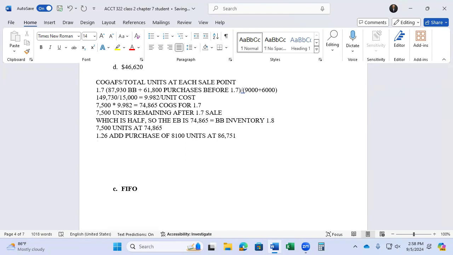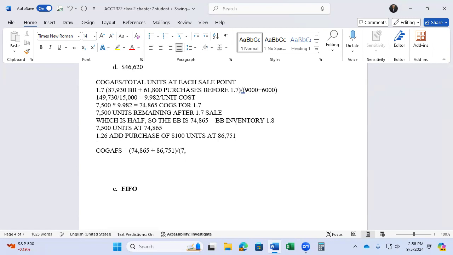Okay, so we make out our equation again. We have our cost of goods available for sale. And that equals the 74,865 plus the 86,751. We're going to divide that by the number of units.